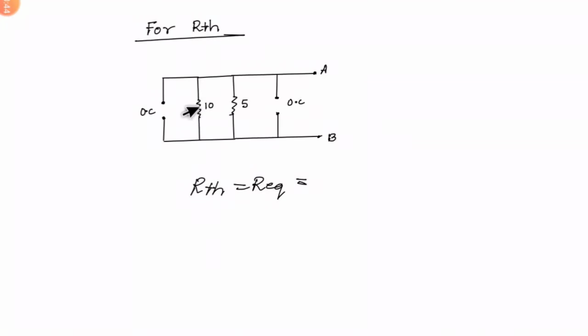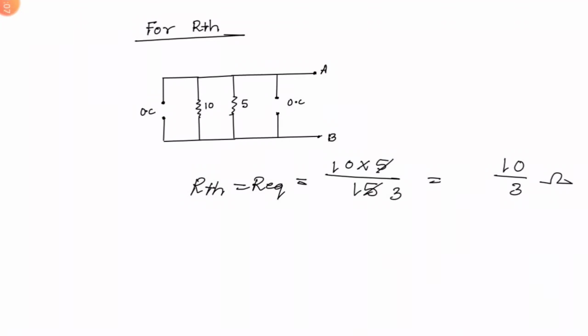So look, 10 and 5 ohm are both in parallel combination, so it would be 10 into 5 divided by 5 plus 10, that is 15. So it is 10 by 3 ohm. So this is the value of RTH.